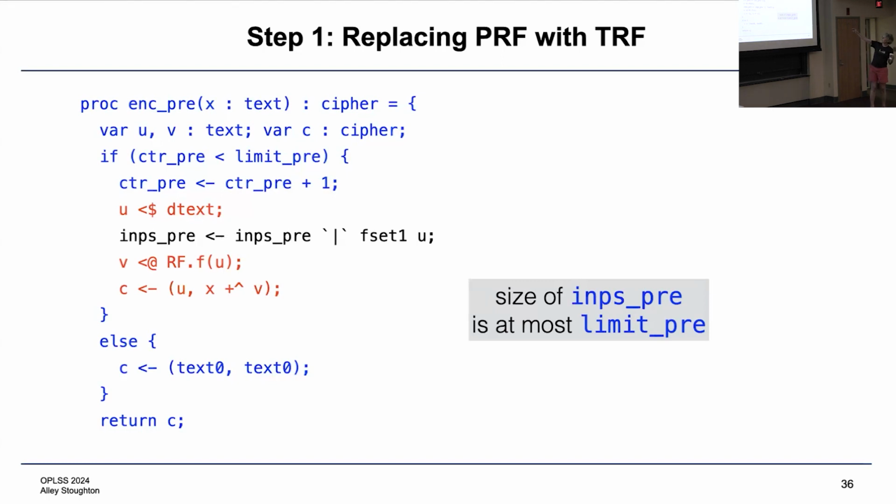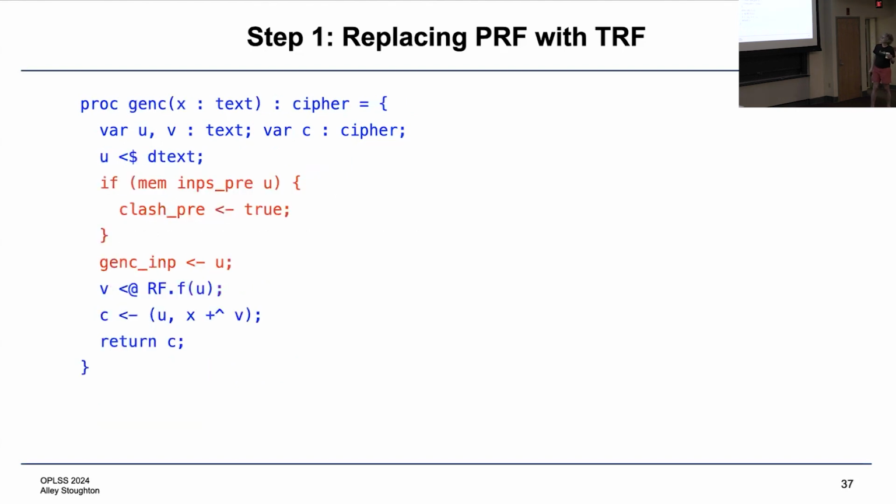But we're allowed to switch RF to be the true random function, in which case we're picking V according to real randomness. So the size of imps pre, because there's this limit, can never be bigger than limit pre. That's important.